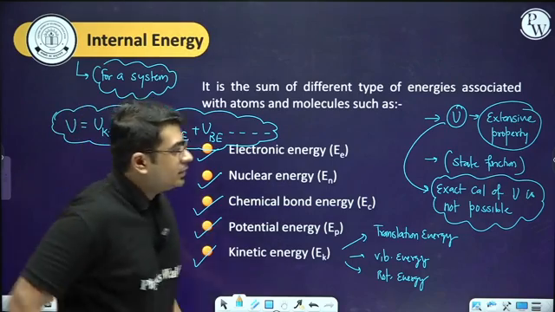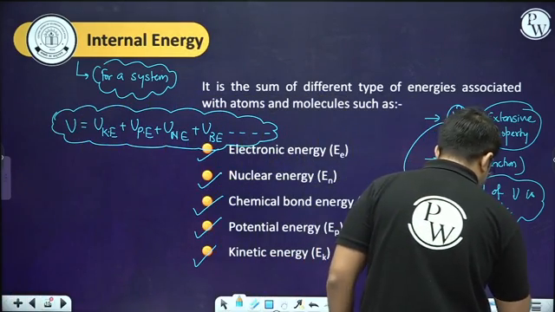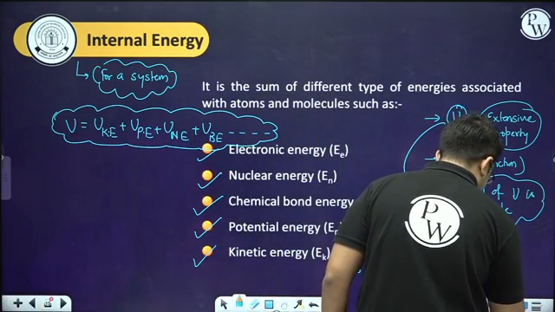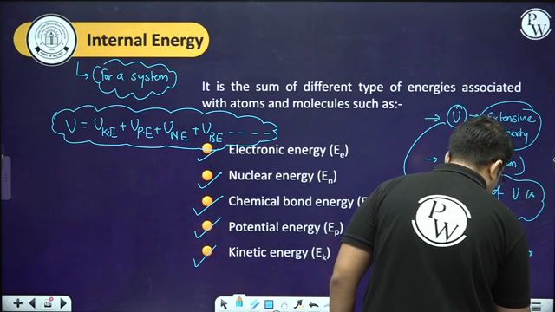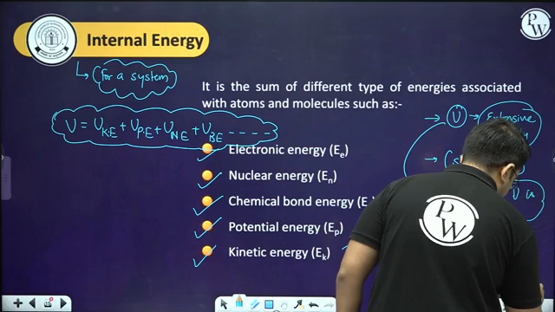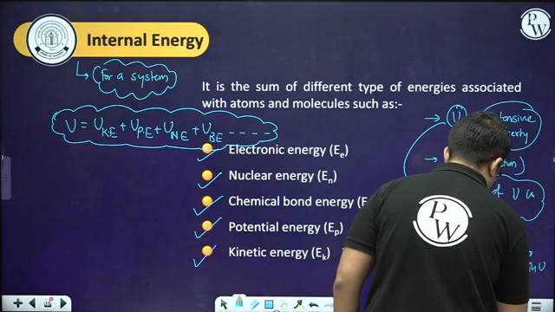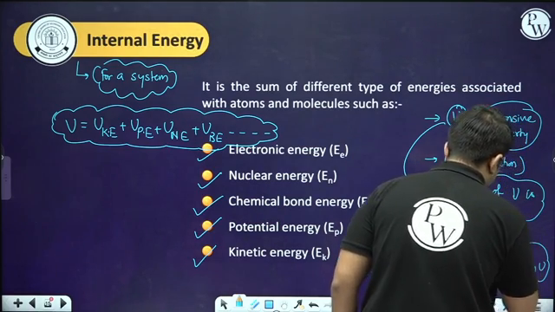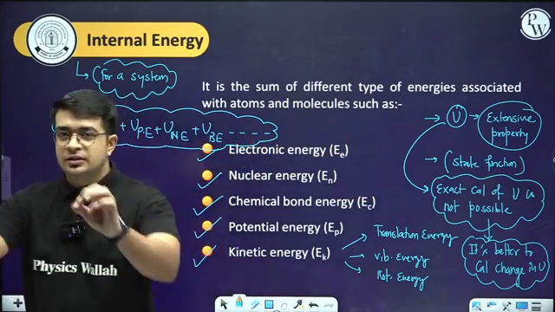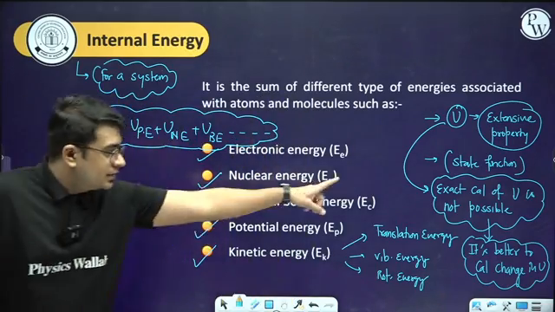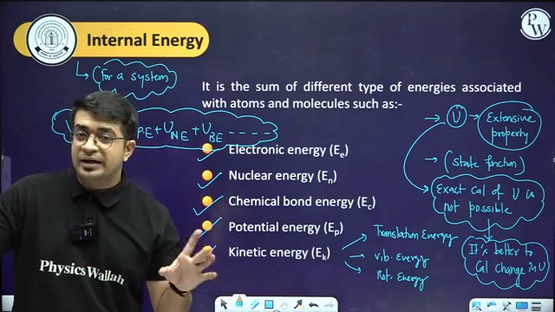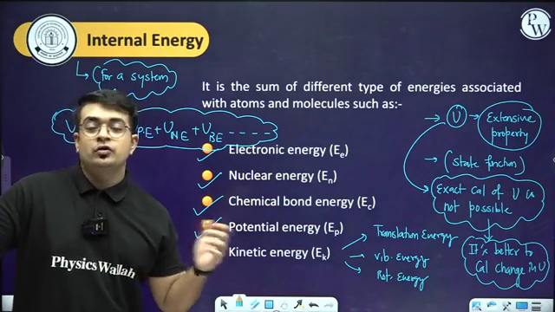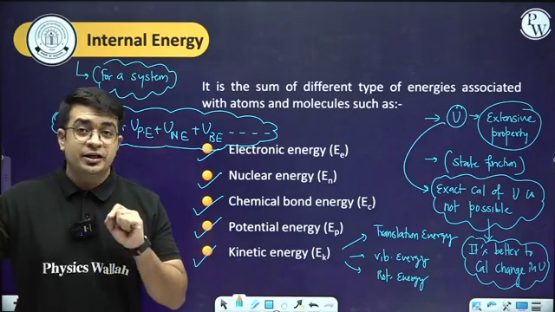So it's better to calculate the change in internal energy. The change in internal energy is always possible, and that's why it is a state function, because that change does not depend upon the path taken. Whatever path you have taken, it always depends upon the initial as well as final state.